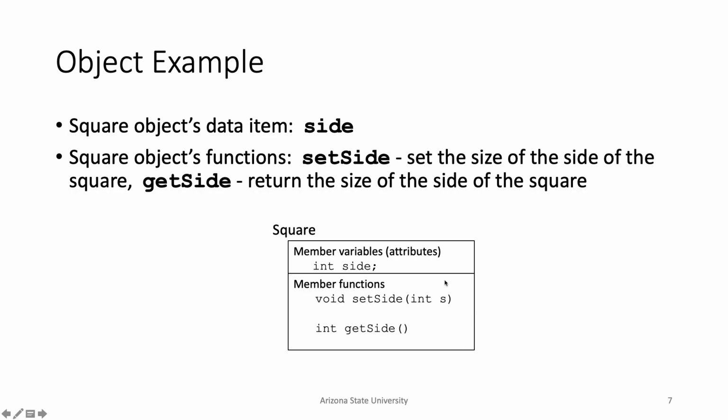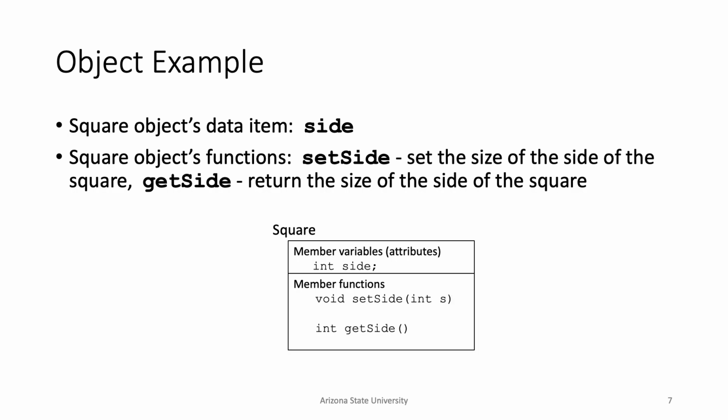Through this set side function is the only way you can change the internal variable. So we're hiding the variable away from the user, but providing this interface which allows you to not only retrieve the value of the side variable, but also set it accordingly.